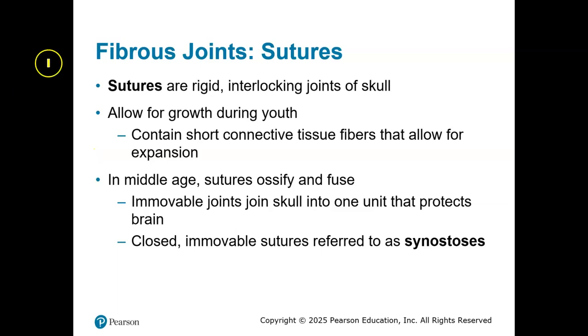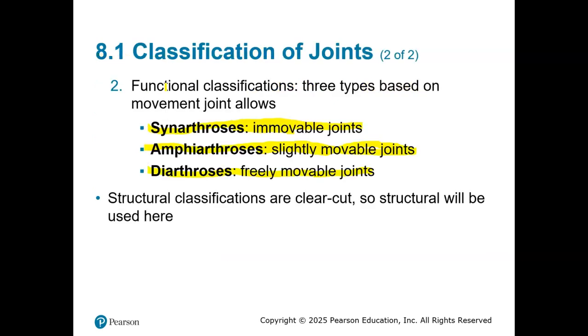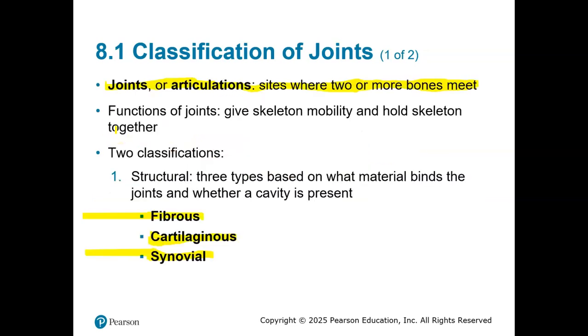So sutures are the skull sutures, and they are completely immovable. So they are definitely synarthroses, the immovable joints. I keep going back and forth between the slides, just so you know, to make sure I'm saying it right, but also to make sure that you are seeing these terms, because it's a lot of terminology.